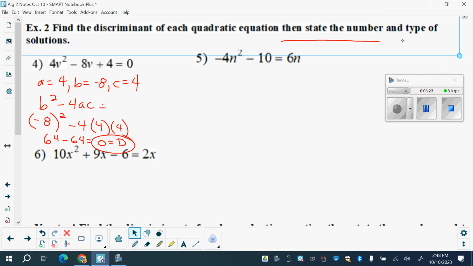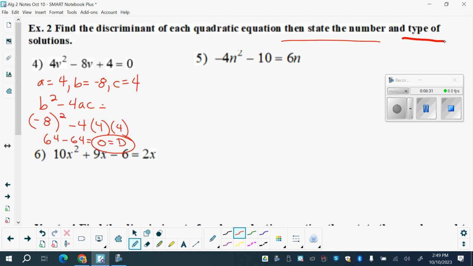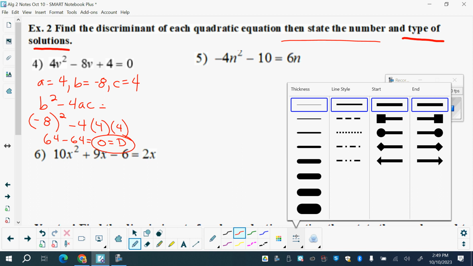And type. So since I got the discriminant is 0, what does that mean about my solutions? There's one real solution because it's equal to 0.